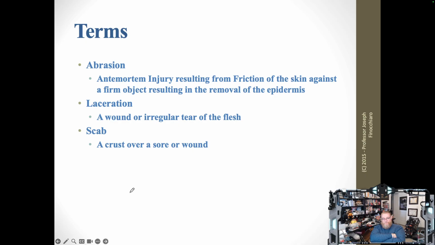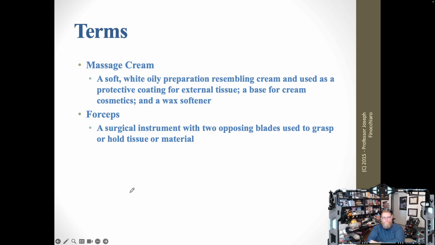A laceration is a wound or an irregular tear of the flesh. A scab is a crust over a sore or a wound. Massage cream is a soft, white, oily preparation resembling cream and used as a protective coating for external tissue, a base for cream cosmetics, and it can be used as a wax softener.